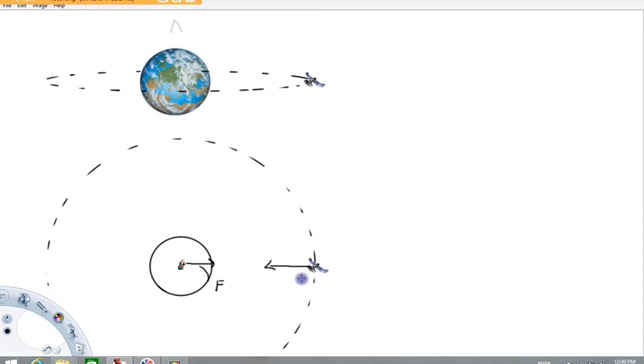Because the satellite is moving in a circular path, the acceleration is centripetal and points in this direction, because centripetal acceleration points towards the center of curvature, which is basically the geometric center of the planet. This force is calculated by Newton's law of gravity.